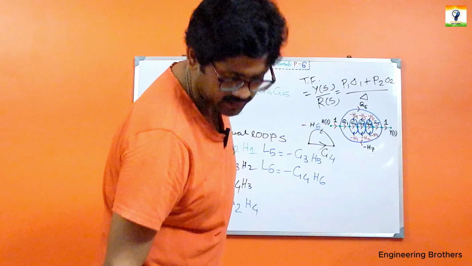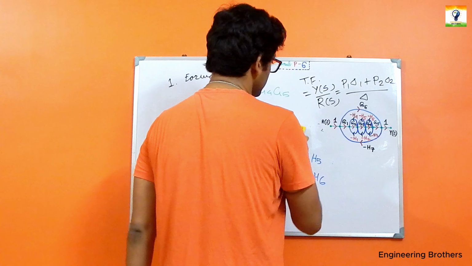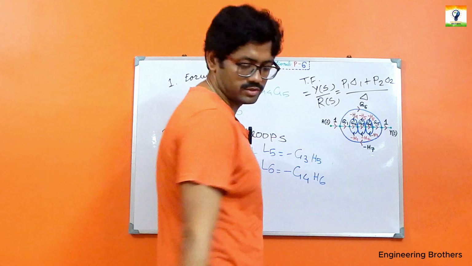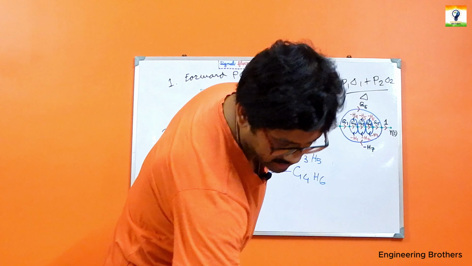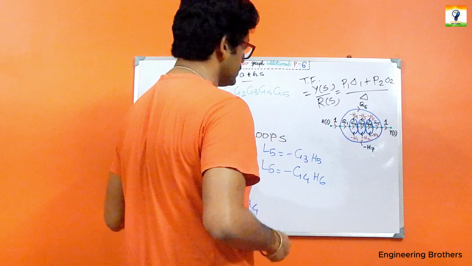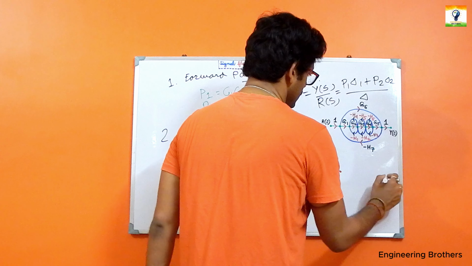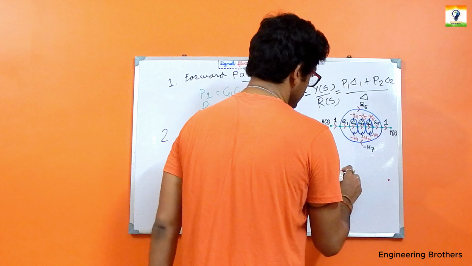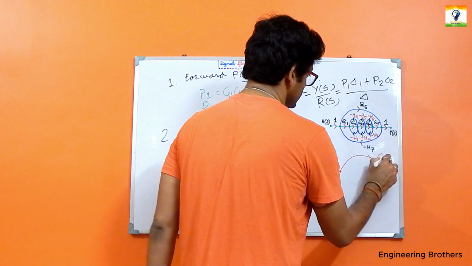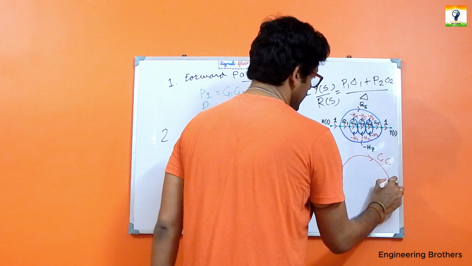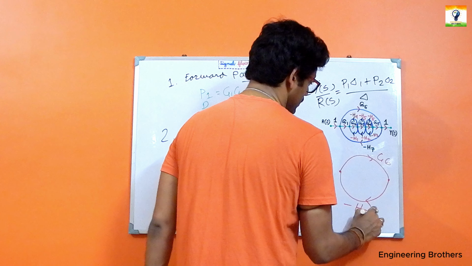Okay, now in our next part we have got another set of loops over here. Let us just show you over here once again. That particular loop has started from this point. Now this one is our G6 and it makes a comeback at this part as our minus H7.